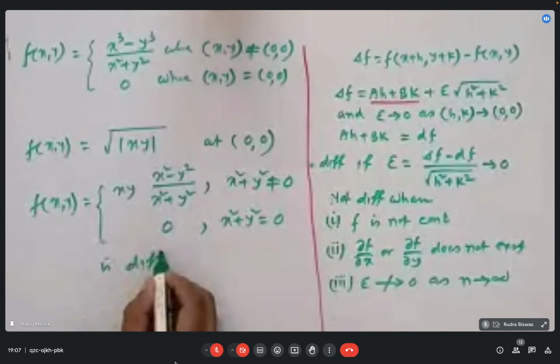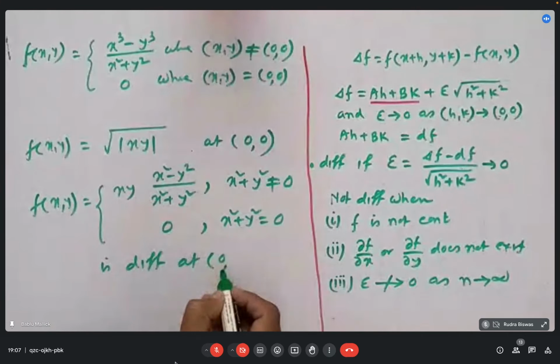Show that it is differentiable at (0, 0). Clear? It is differentiable at (0, 0). You have to show this.